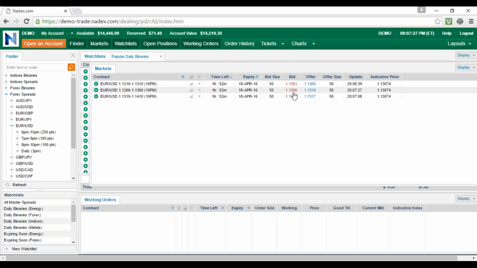You can get in at 13.13, 13.06, 13.01. You just have to look at the different spreads available and see which one is priced just right and matches up to the strategy or system that you're looking for. But that's the price you can buy or sell them for, what's listed as available right there.